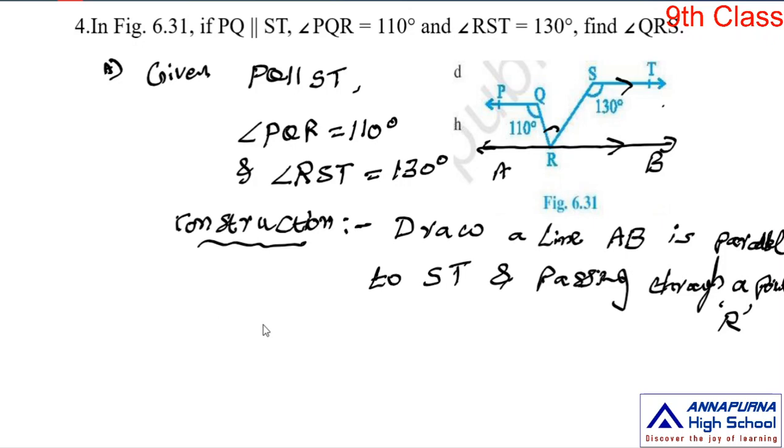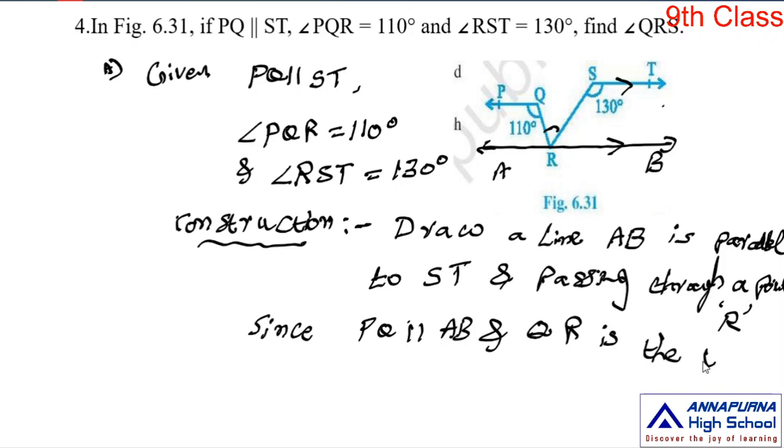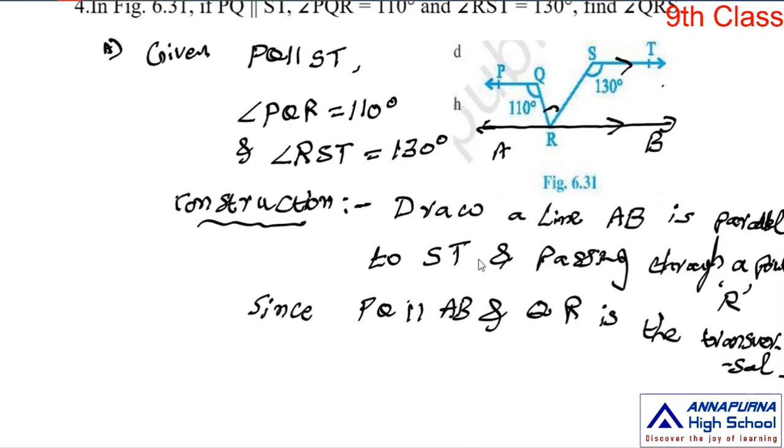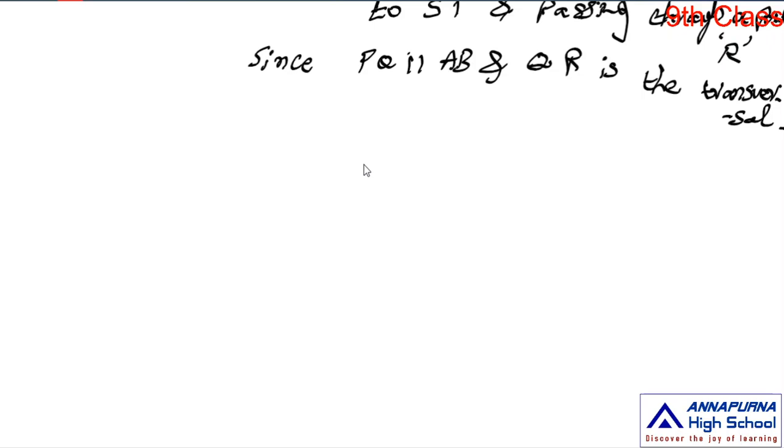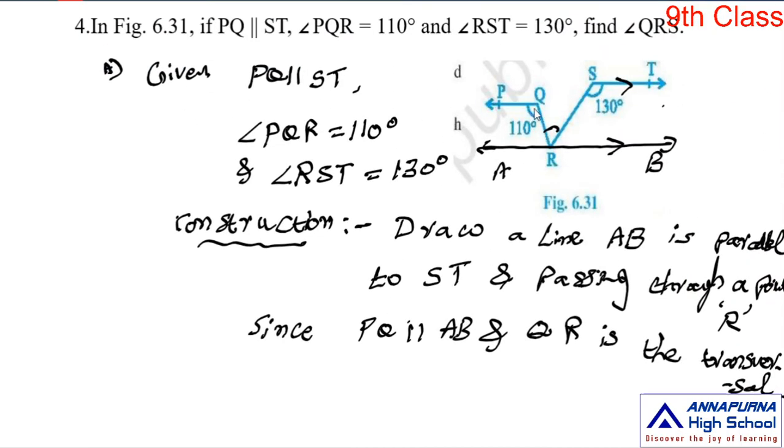Since PQ is parallel to AB and QR is the transversal. See the figure. PQ is parallel to AB and QR is the transversal.